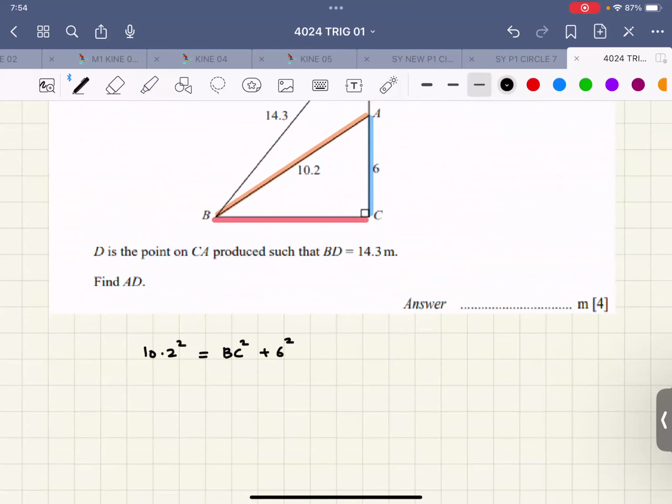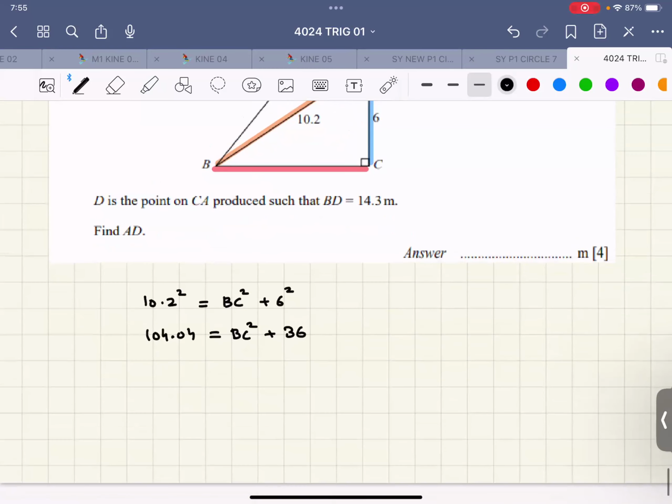So now I'll be using my calculator. So this is 10.2 into 10.2. That comes out to be 104.04. This is BC square plus 36. 6 square is 36. So subtract 36, take the square root. So when you take the square root, this comes out to be 8.248.